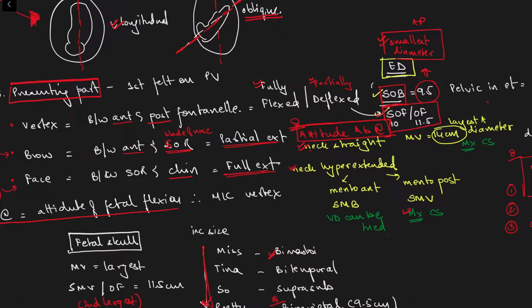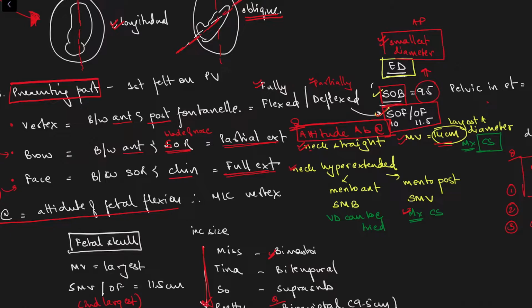Right. In brow presentation, the engaging diameter would be mentovertical, which is 14 centimeters, and it is the largest AP diameter. For this condition, since the head will not be able to pass through the pelvis, the management would be C-section.